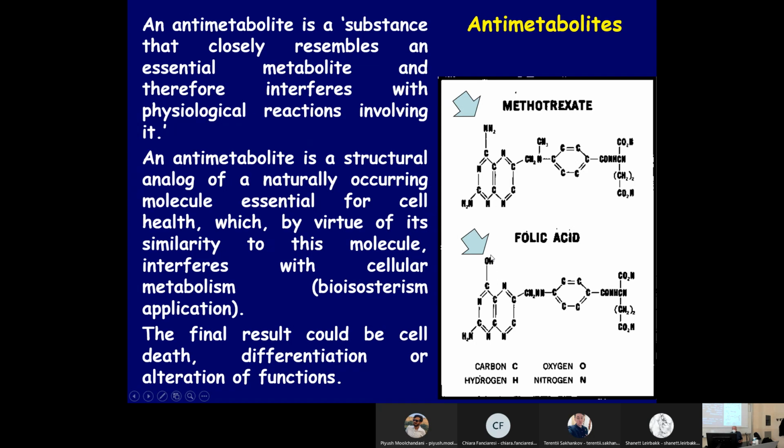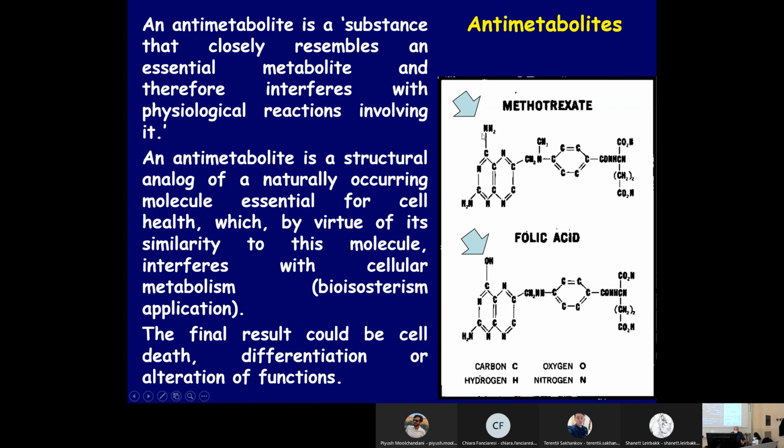In the folic acid, you can see here an OH group, enol, and the OH group, following the rules of isosterism, can be replaced by an amino group, same volume. But you know that amino group is quite different from an alcoholic group.